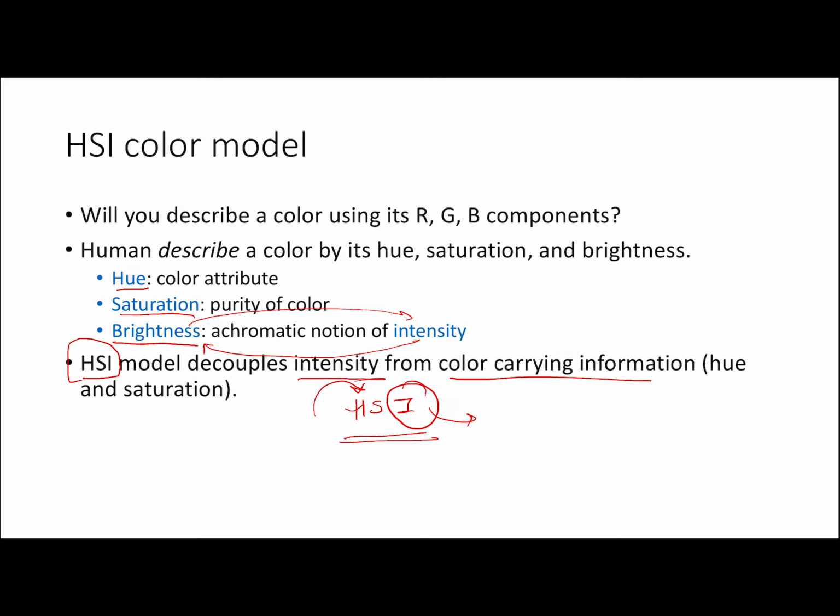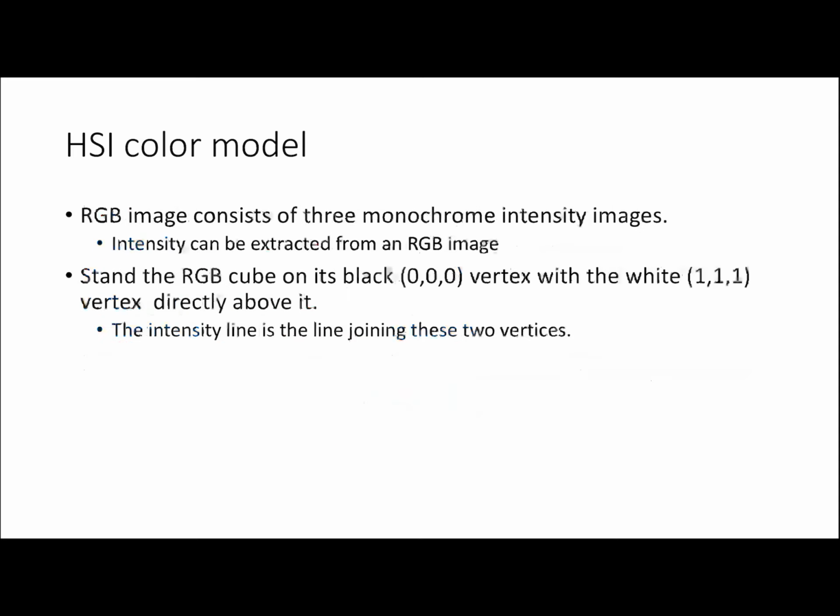So the conversion of an image from RGB space to HSI space is very important. Now let us see how we can convert an image specified in RGB space to an HSI image.